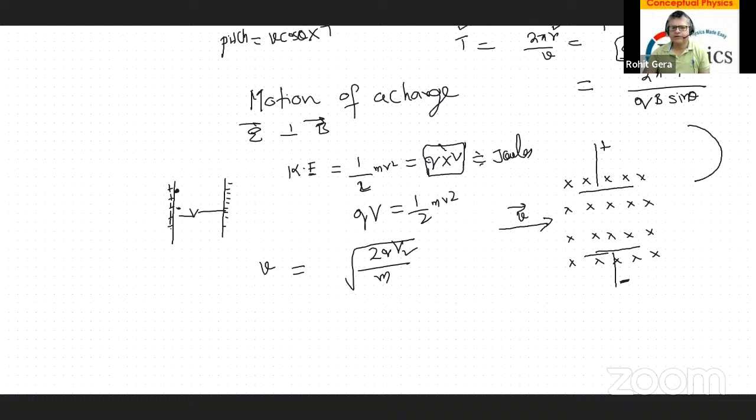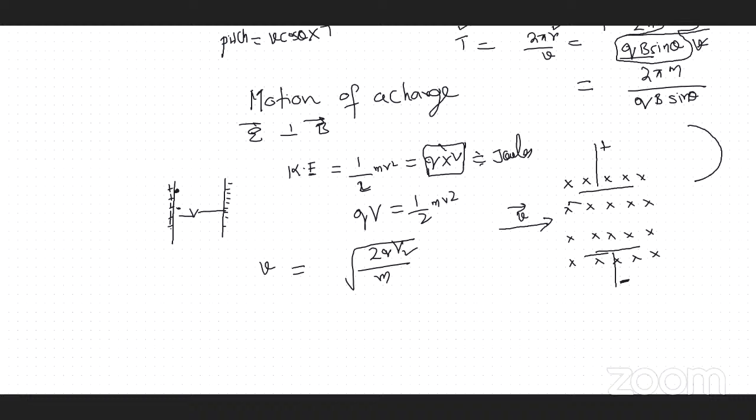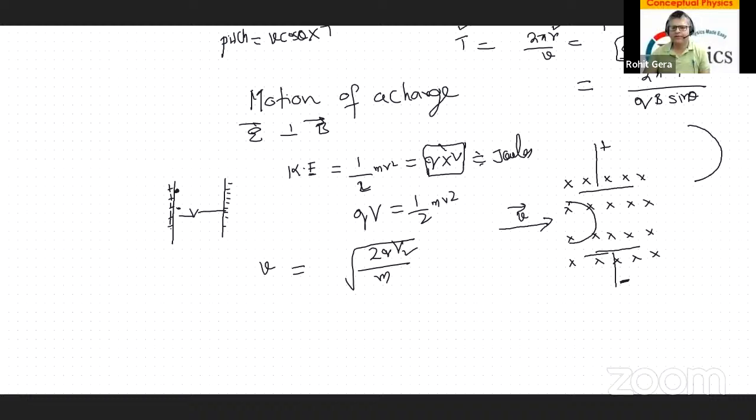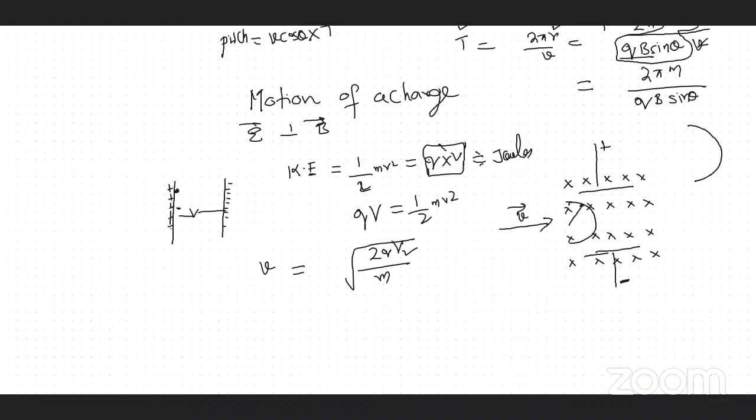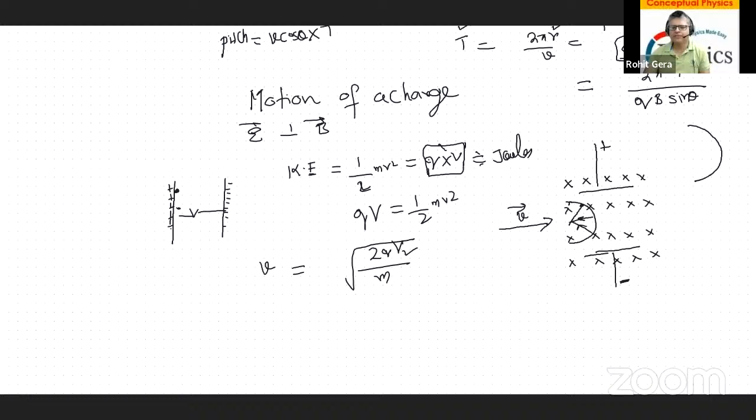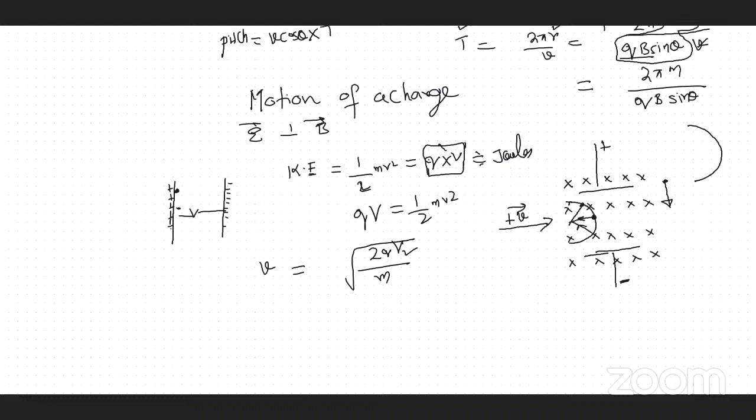The magnetic field force would be towards the radial center, right? But there is an electric field also, remember. This is positive and negative, and it's a positive charge. That positive charge will do what? This electric field, which is downward, will push the charge downward, right?